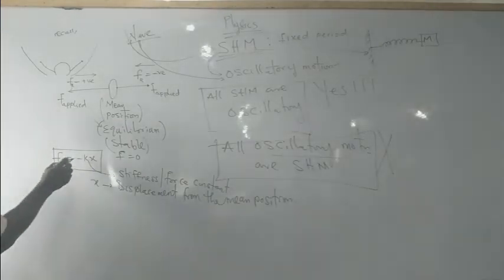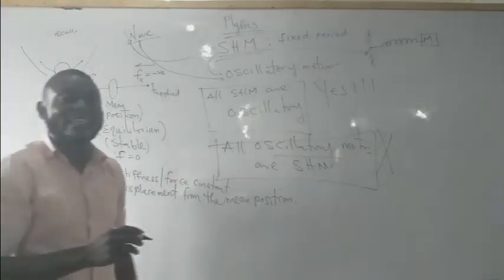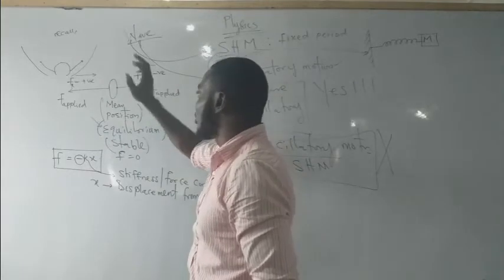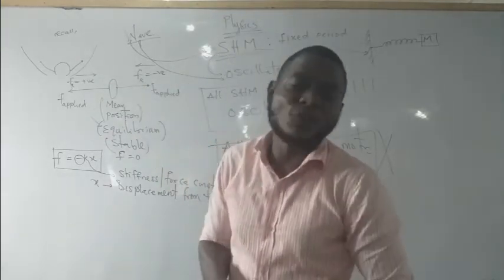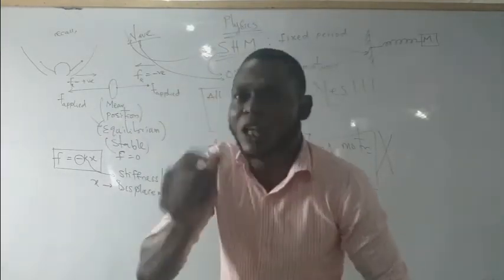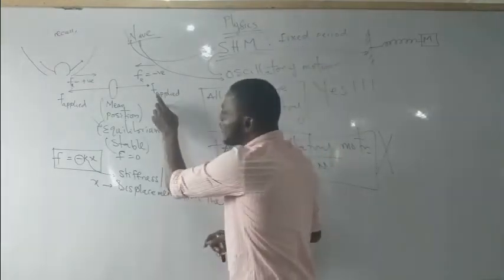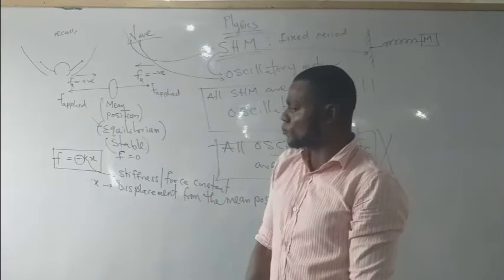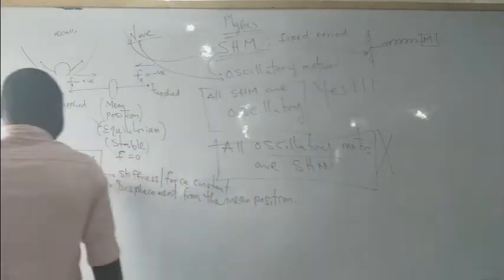Okay, so this minus sign is as a result of the direction of the restoring force, or conservative force, opposing the direction of the applied force. So that's why it's minus. F equals minus Kx.